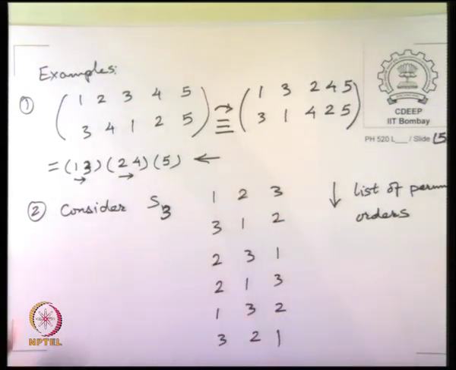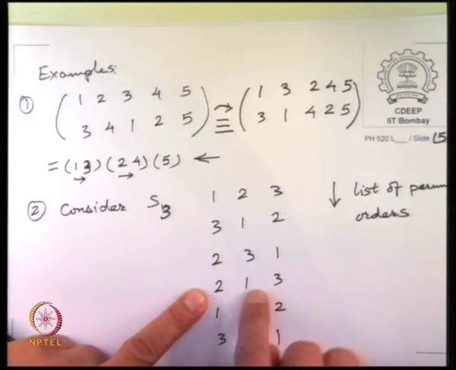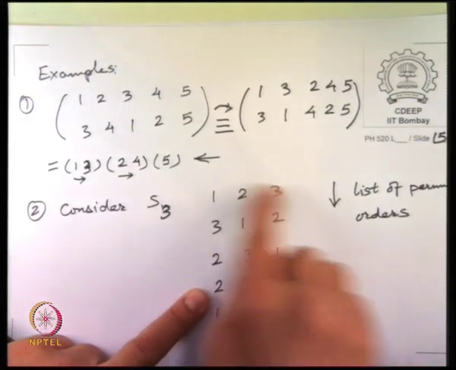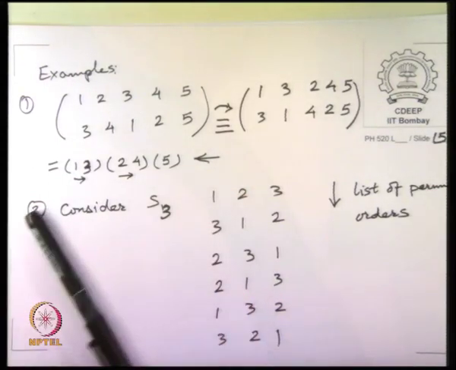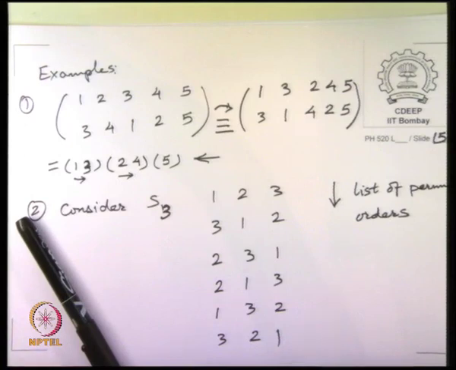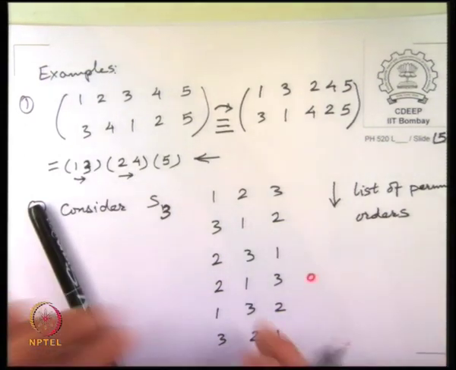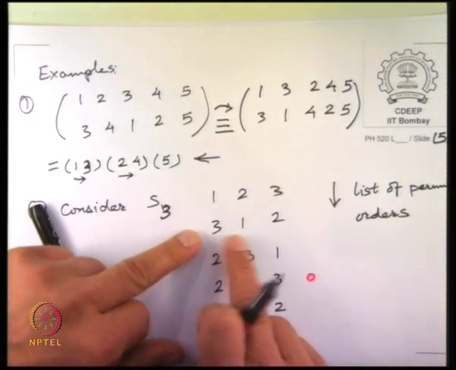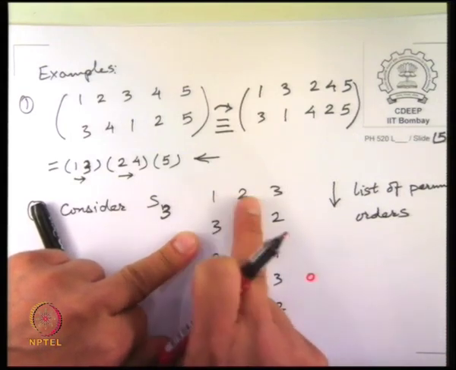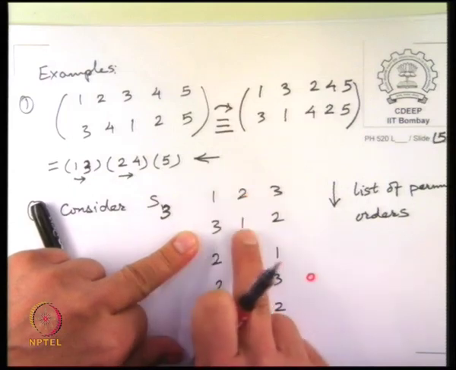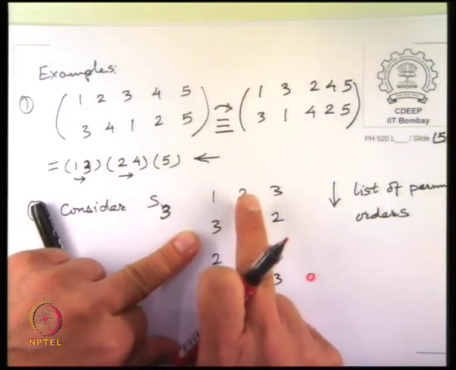Now we can see that this permutation, 2, 1, 3, is essentially one exchange, right? So it is an odd permutation. Then if I go to 3, 1, 2, I can get 3, 1, 2 by first exchanging 1 and 2, so that 1 comes here, but 2 is here.